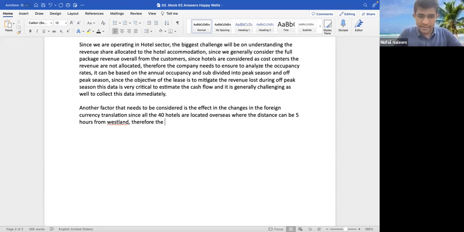Therefore, the cash flow arising from the lease will have a translation factor to be considered.